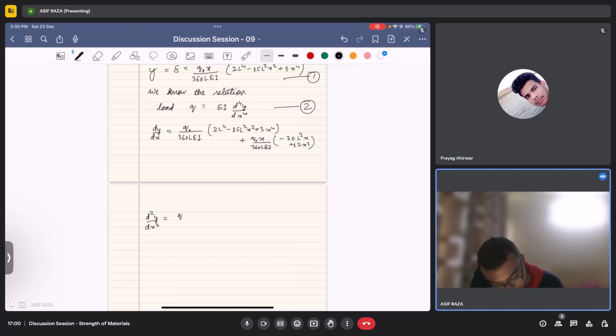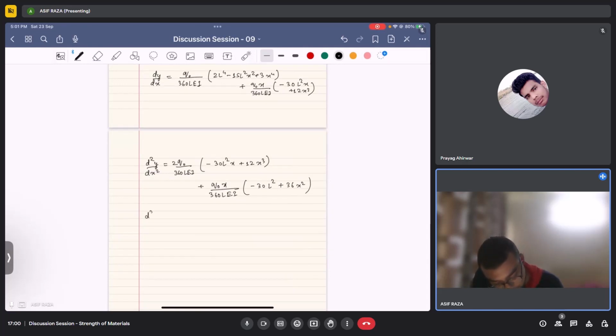The second derivative will be Q naught by 360 LEI times (minus 30 L square x plus 12 x cube), plus again Q naught x by 360 LEI times (minus 30 L square plus 36 x square).